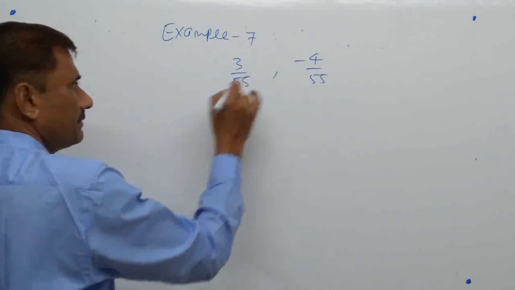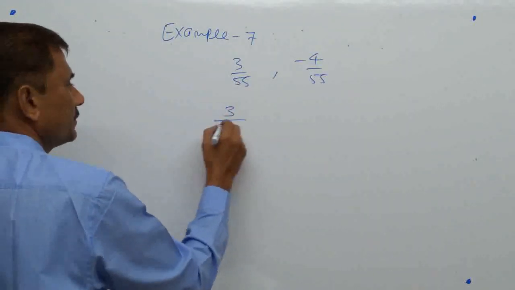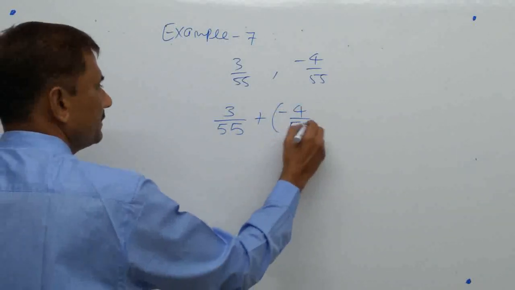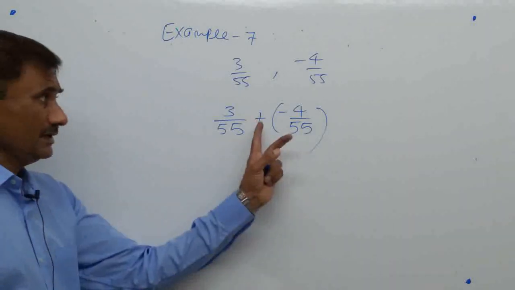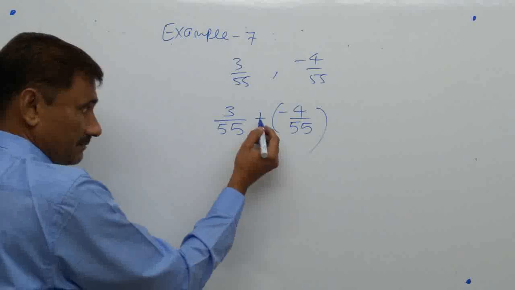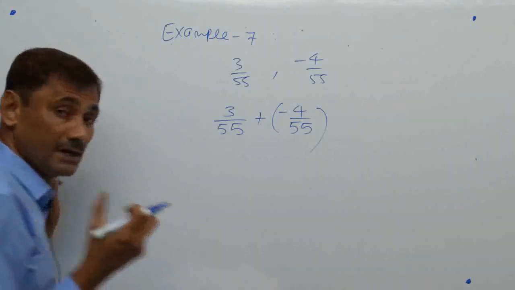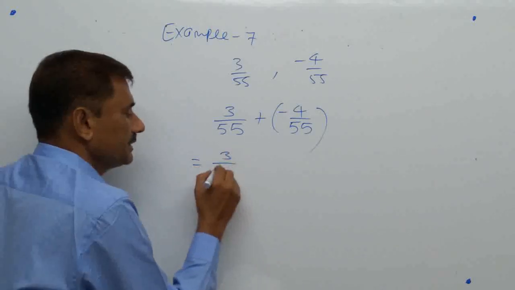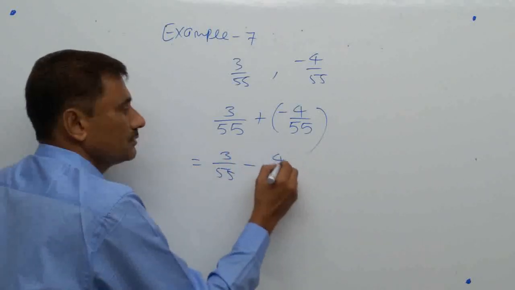So first of all, add a plus sign here. So 3 upon 55 plus minus 4 upon 55. We are doing addition. Now open that bracket. Obviously plus minus becomes minus, because opening of a bracket is a multiplication. So 3 upon 55 minus 4 upon 55.